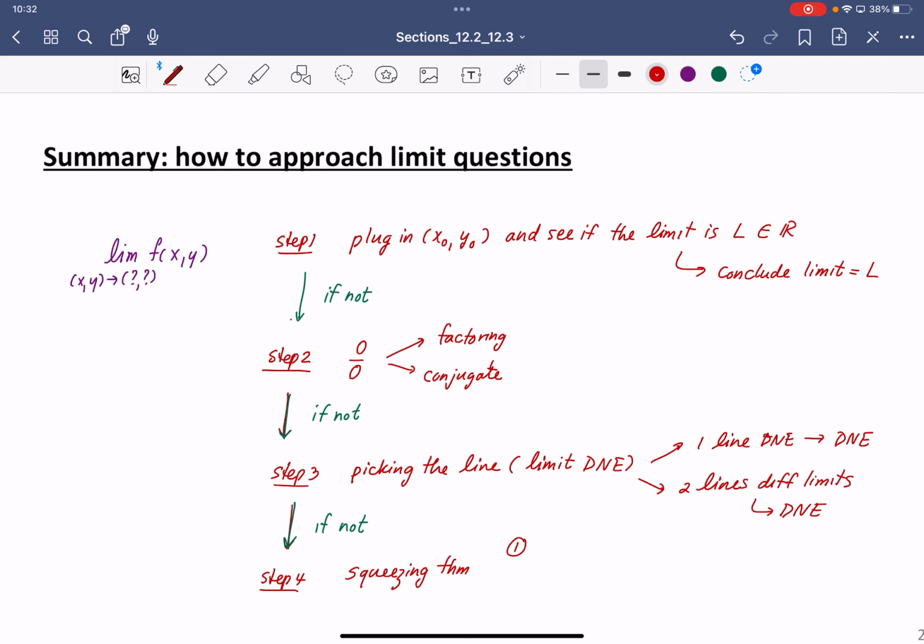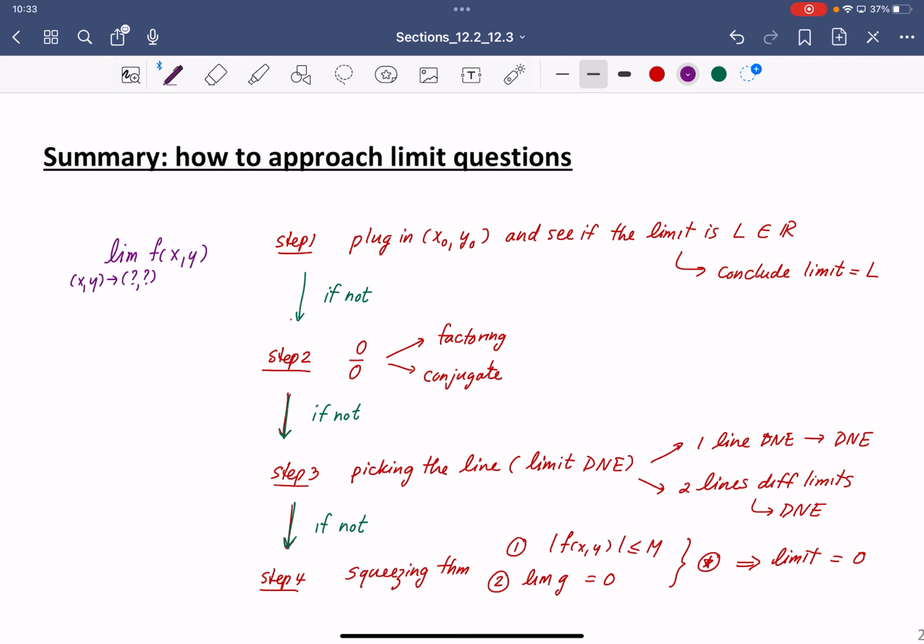Condition number 1, you have absolute value of f(x,y) less than or equal to M, and the limit of g goes to 0. Once you can prove these two, the limit of fg is actually 0. So this is the algorithm for computing the limits.